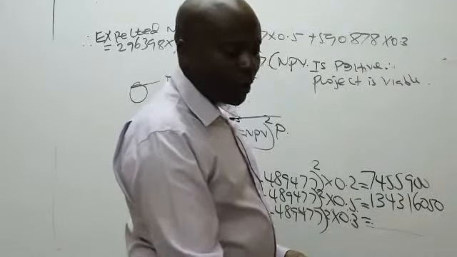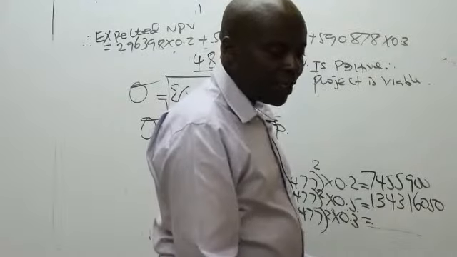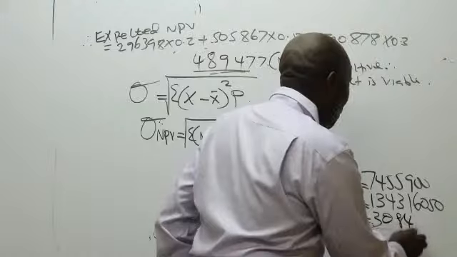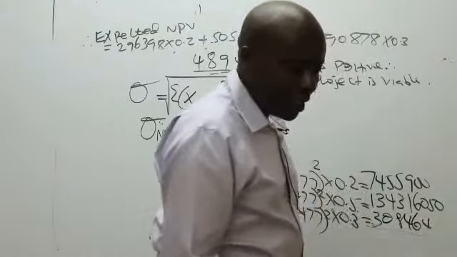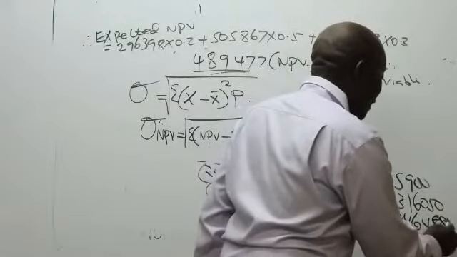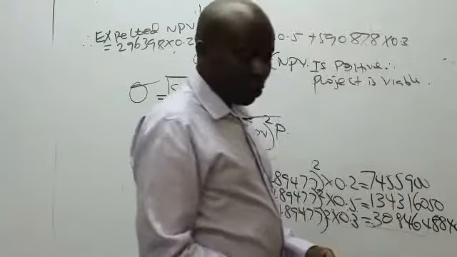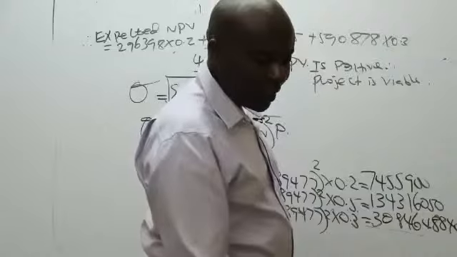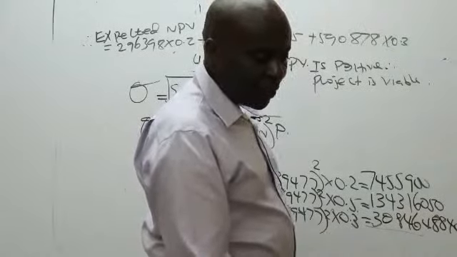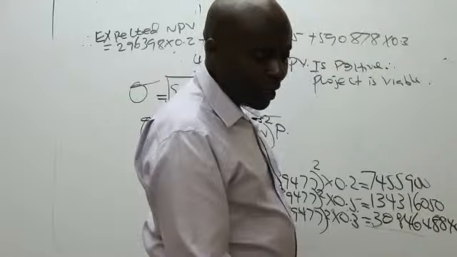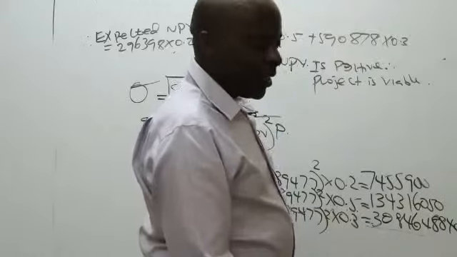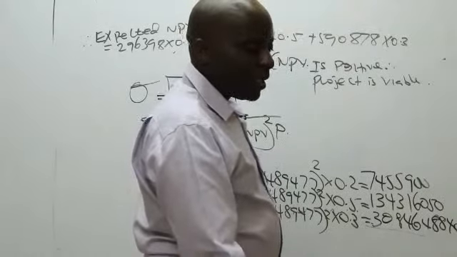So the third one, I'm told, is 308464, 8840. Quite a huge one.